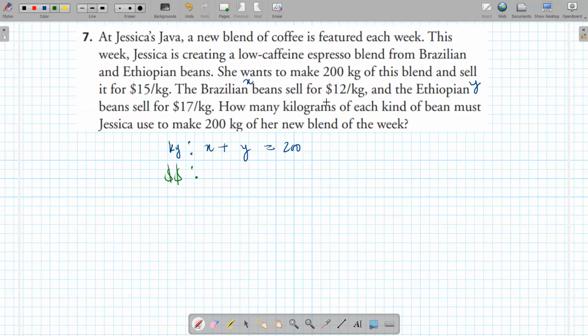So the first one sells for $12 per kilogram. The other one sells for $17 per kilogram. What does that equal to?